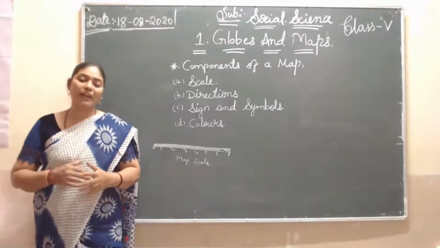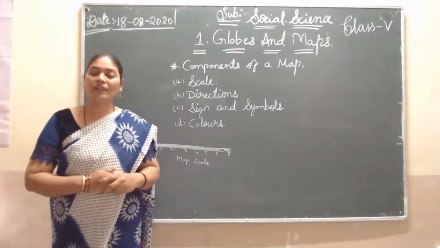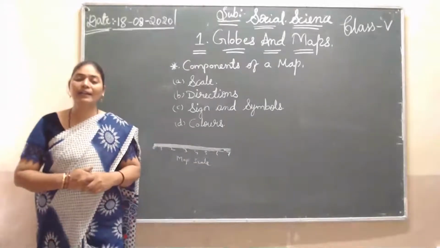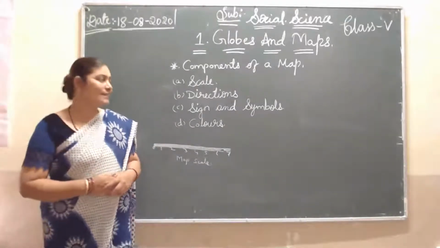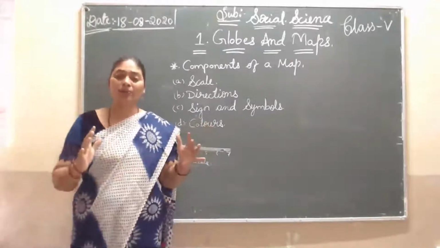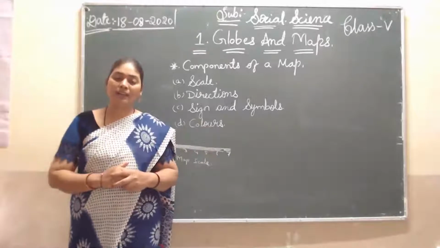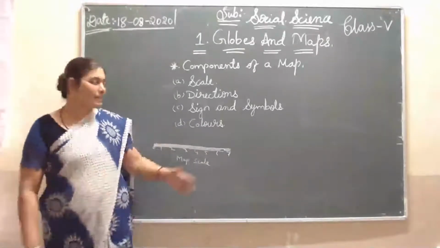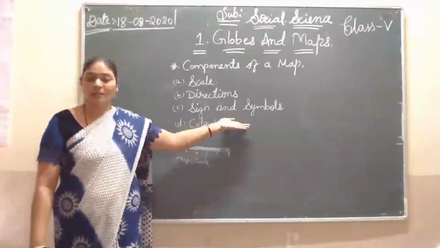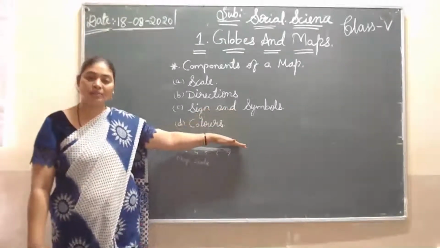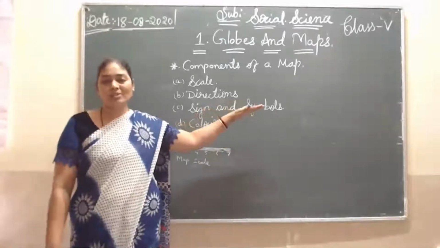With the help of direction we can understand where our state or country is situated. For example, in a whole world map, we first have to see our continent. Our continent comes in the little upper part, in the southern hemisphere and northern hemisphere also.